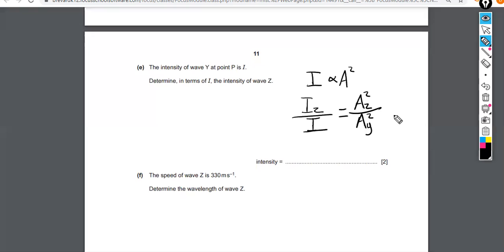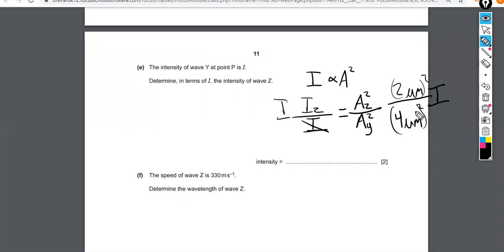And wave Y was the taller one, right? The 4 micrometer amplitude. And wave Z was 2 micrometers. If we multiply both sides by I, then we'll have the intensity of Z in terms of I, right?